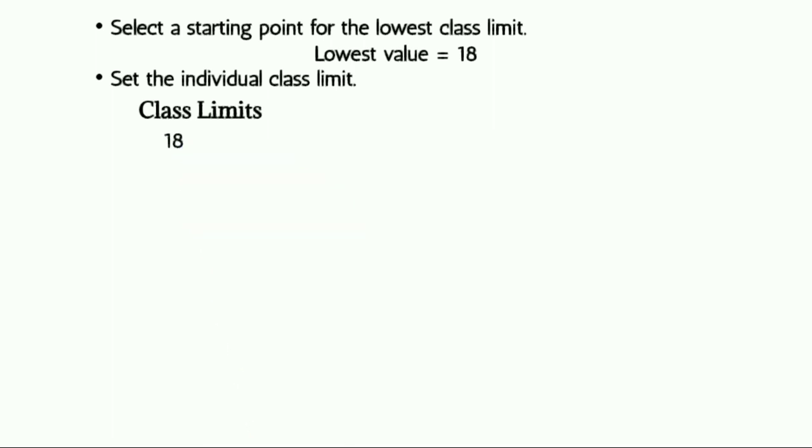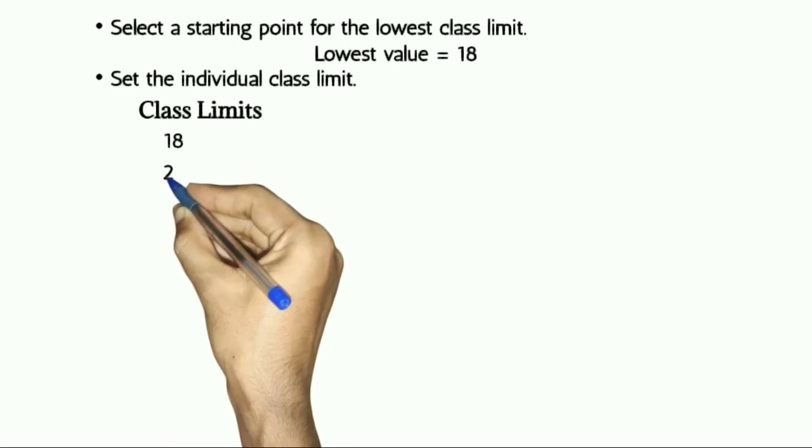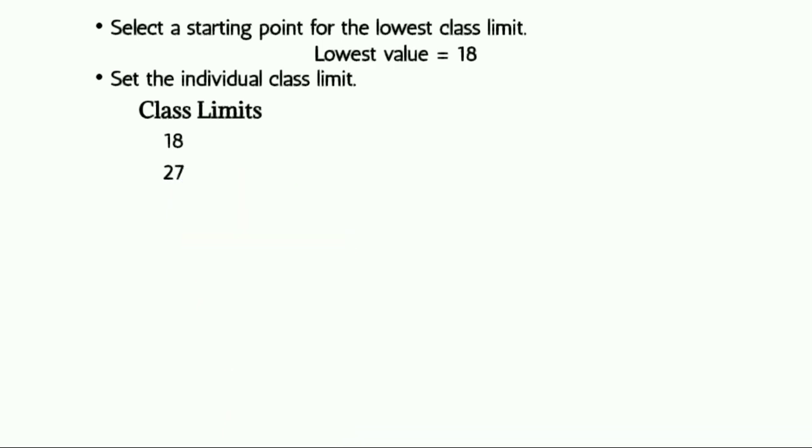For the lower class limit naman ng second row, idadagdag natin yung suggested class interval na 9 sa 18. So 18 plus 9, that is equal to 27. Yung 27 ang magiging lower class limit sa second row.